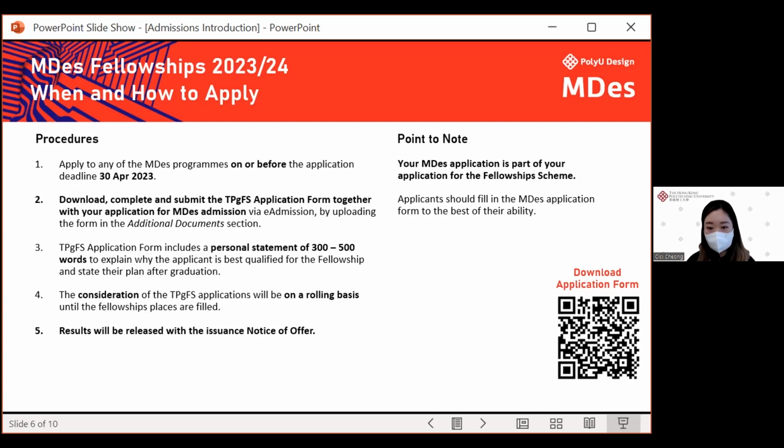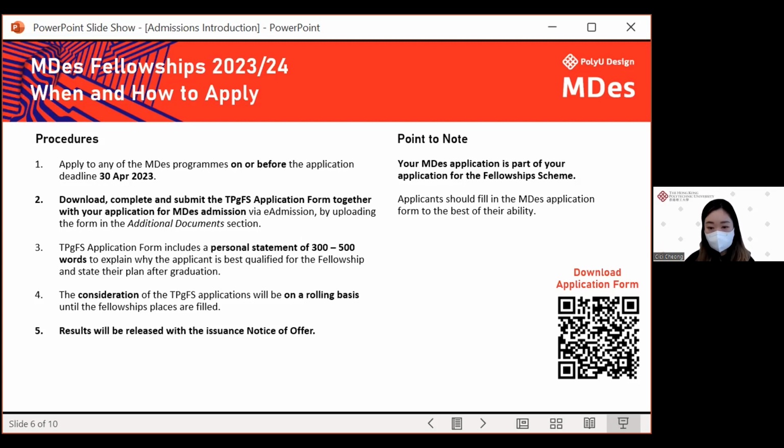For the application form, you may find it through this QR code or the government website. You can download the form. Together with the form, you need to include a personal statement of 300 to 500 words to explain why you think you are qualified for the fellowship and state your plan after graduation.